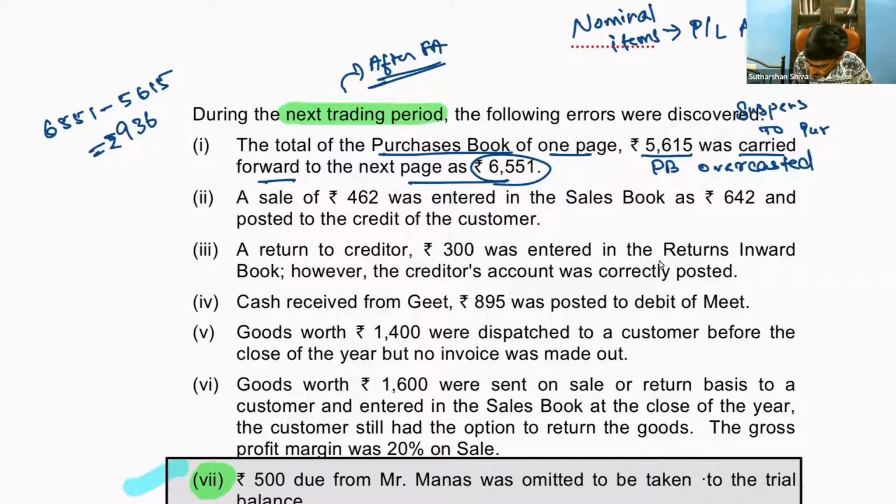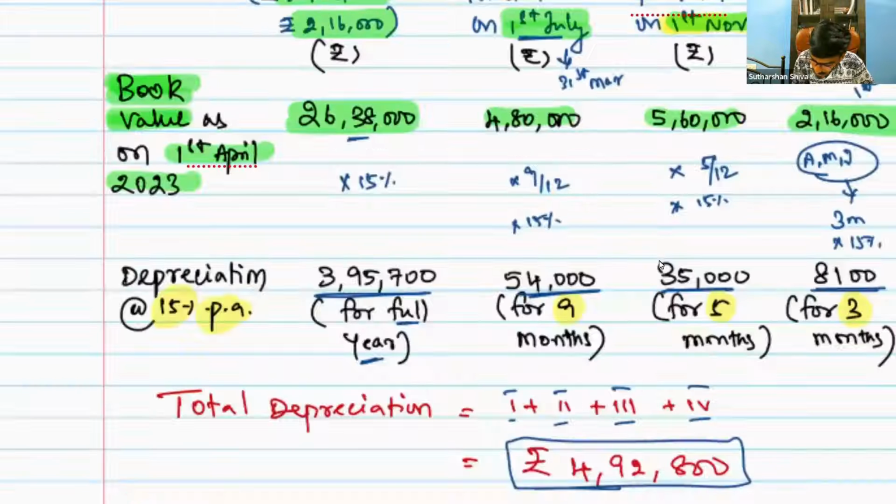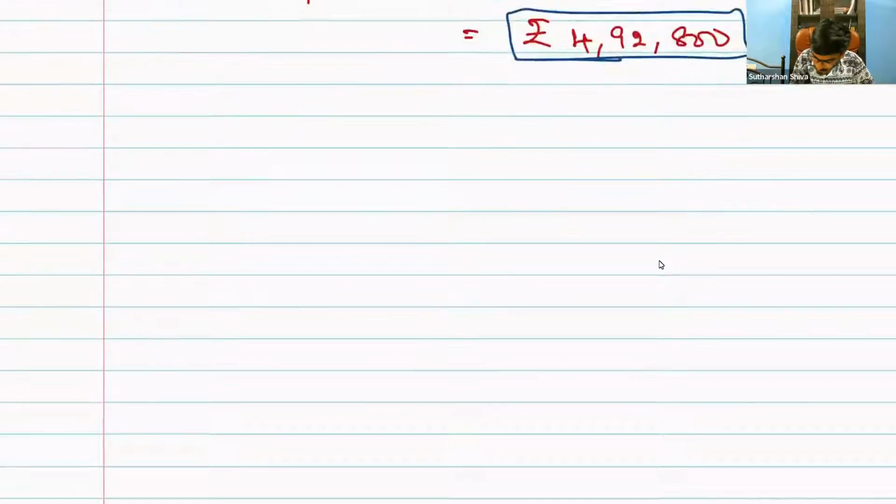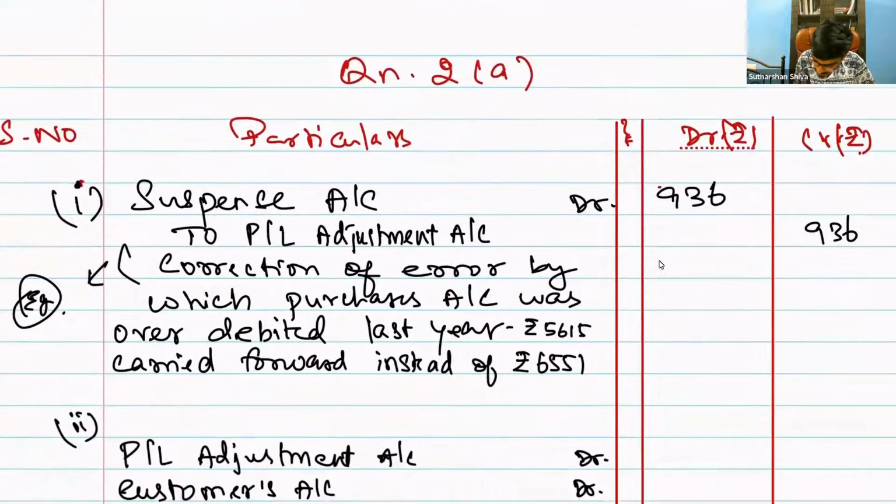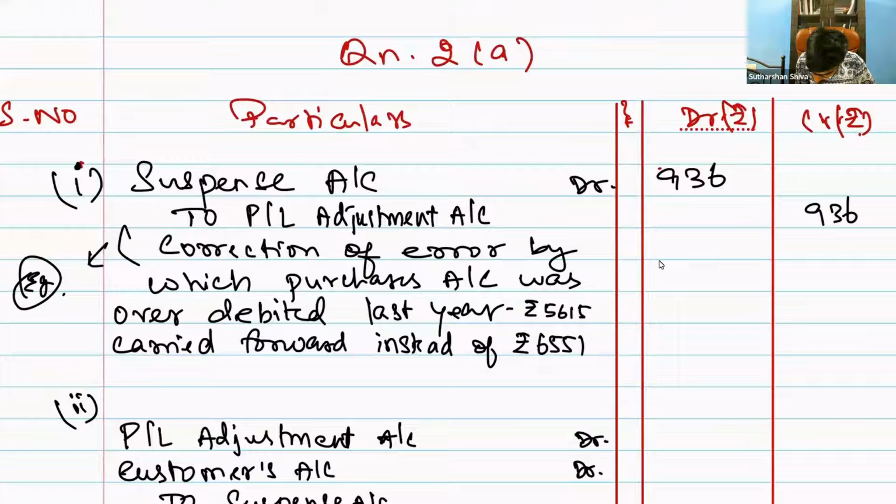So suspense account 936 to purchases account 936. Because purchases account is a nominal item, I will substitute with P&L adjustment. So my final entry will be suspense to P&L adjustment 936.